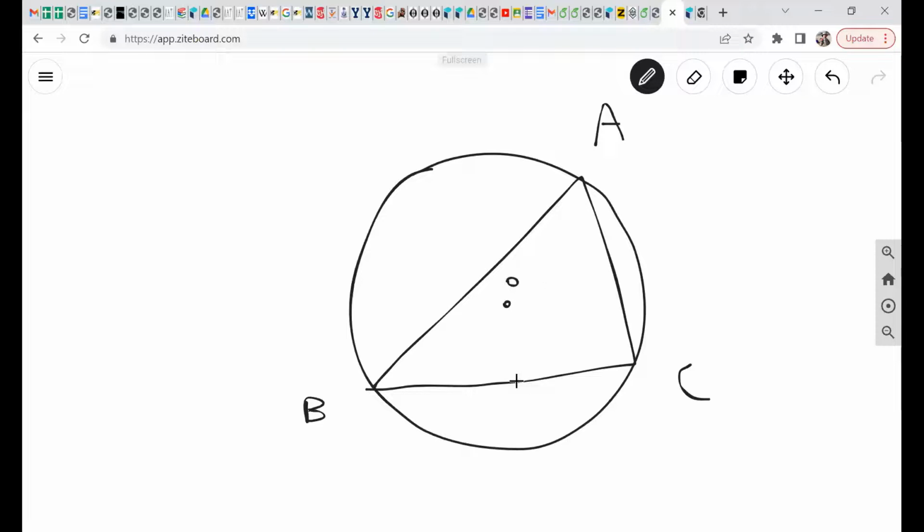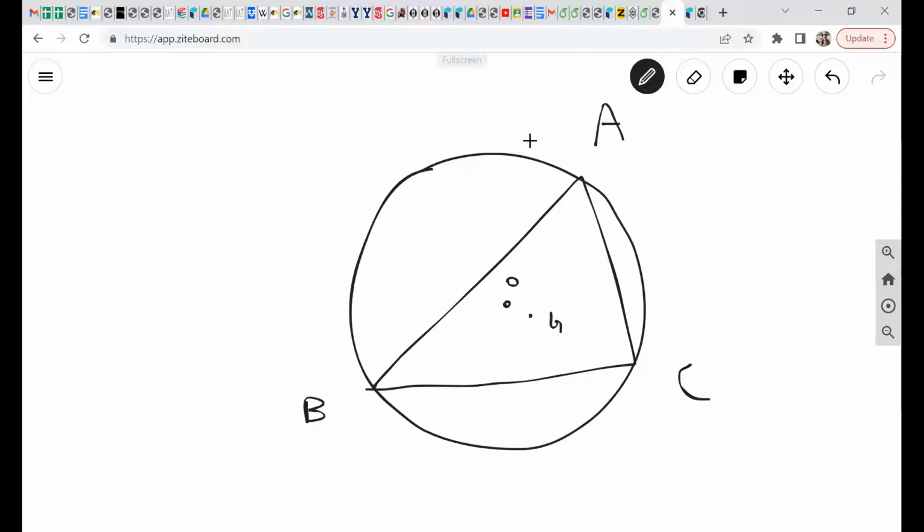And we have the centroid, which is the intersection of the 3 medians. I think Aaron might have mentioned this earlier, or maybe he just talked about medians.